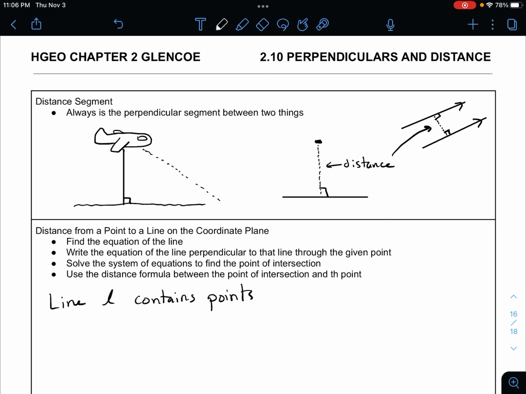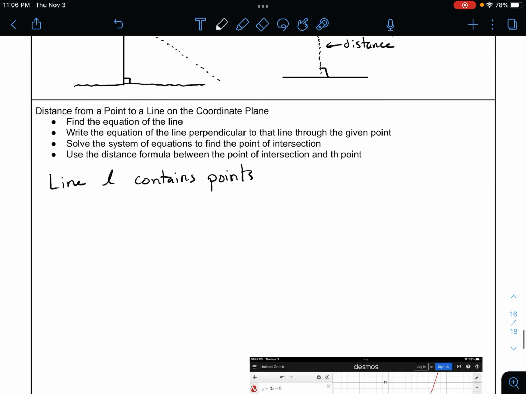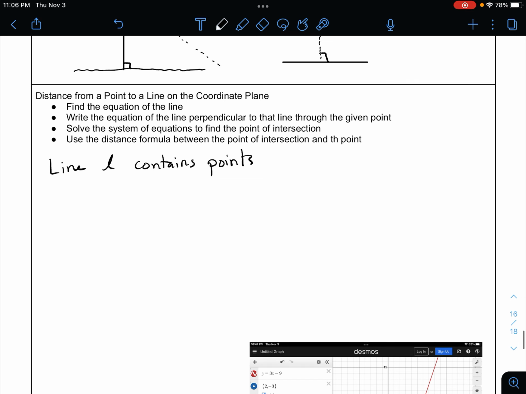So if we are looking for the distance from a point to a line on the coordinate plane, we have 4 steps. I'm going to write the problem here. The problem is line L contains points (2, -3) and (6, 9).